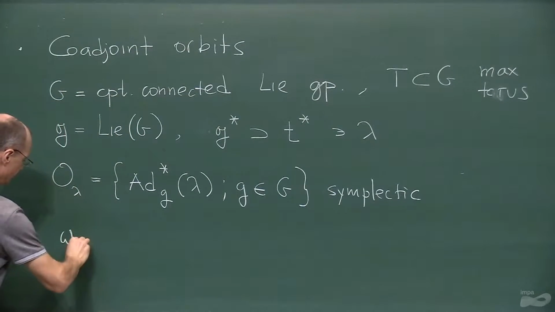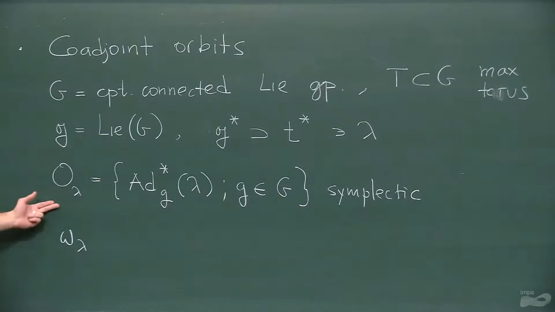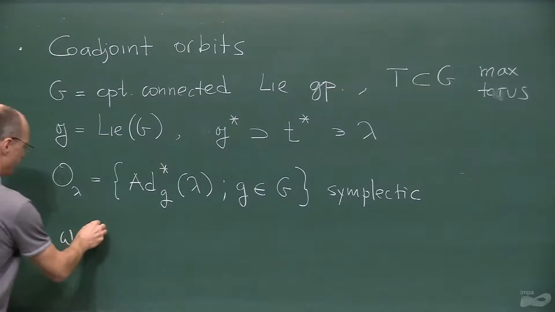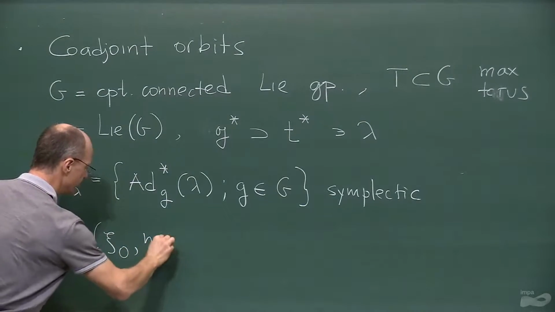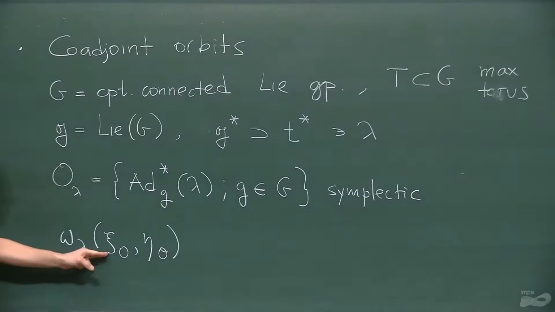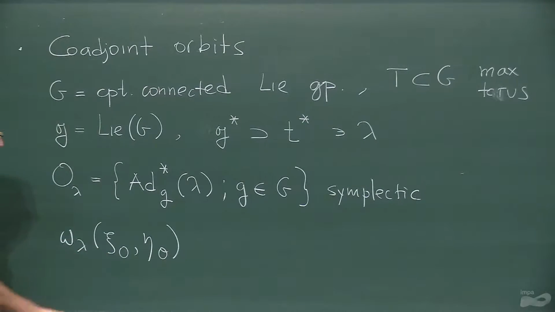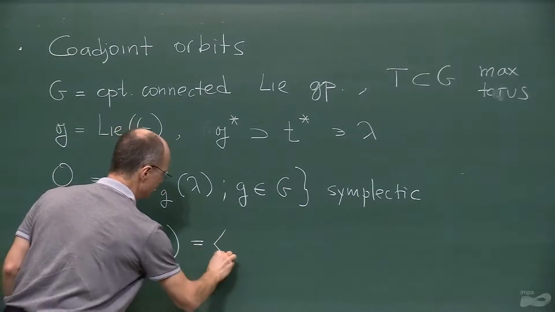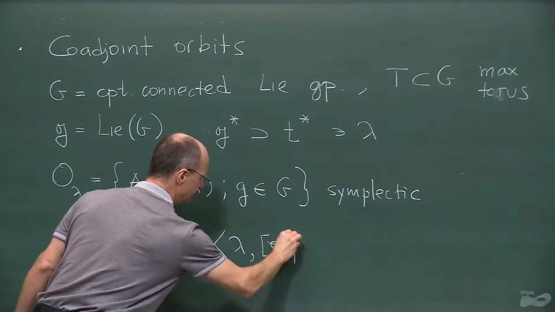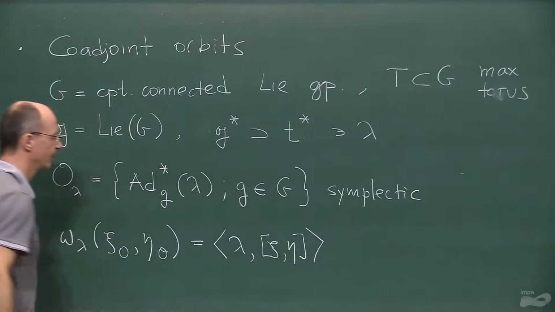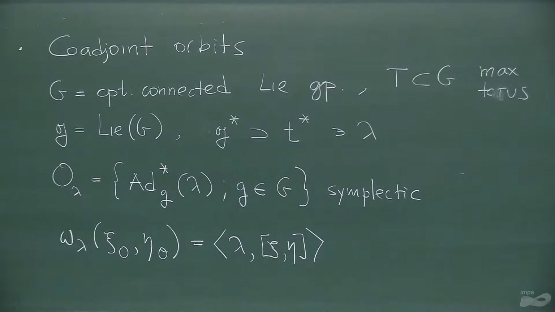Just for completeness, let me write this symplectic form on two fundamental vector fields. The famous formula is the pairing of lambda with the Lie bracket of psi and eta.